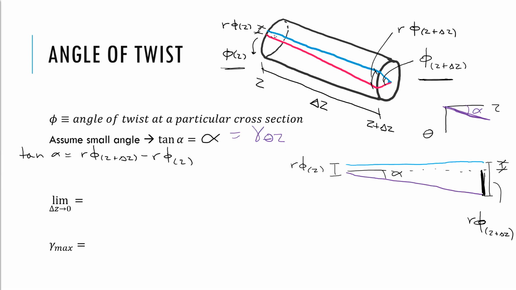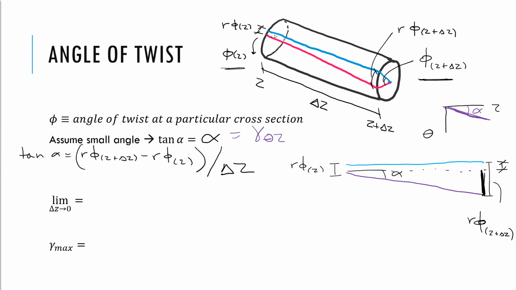And then we're going to divide that by the adjacent leg, which is delta Z. So this is the equation for gamma.